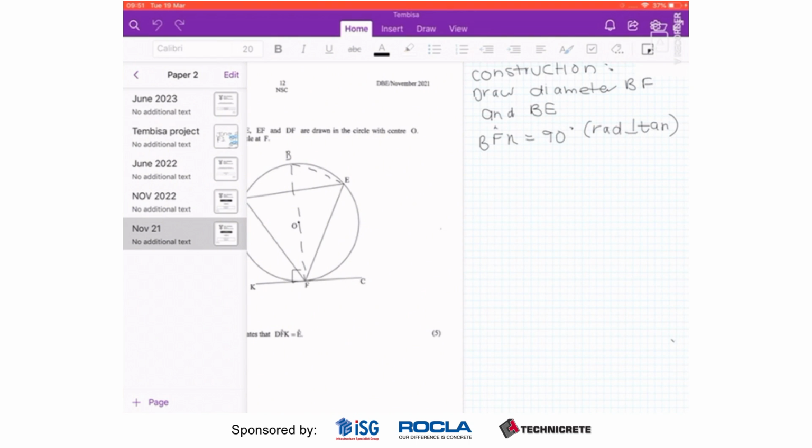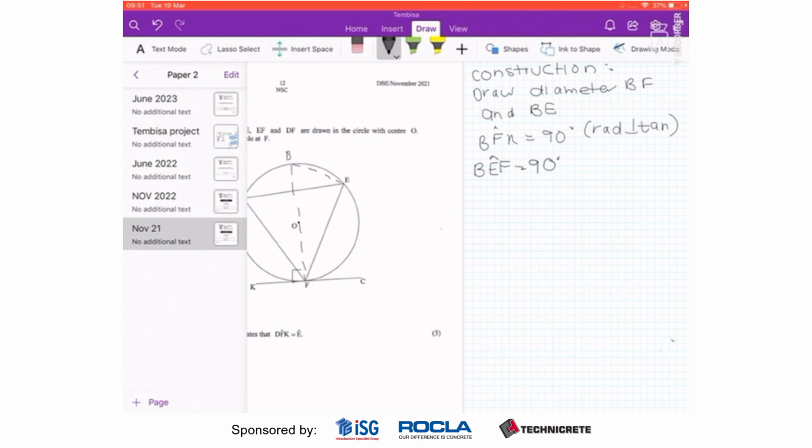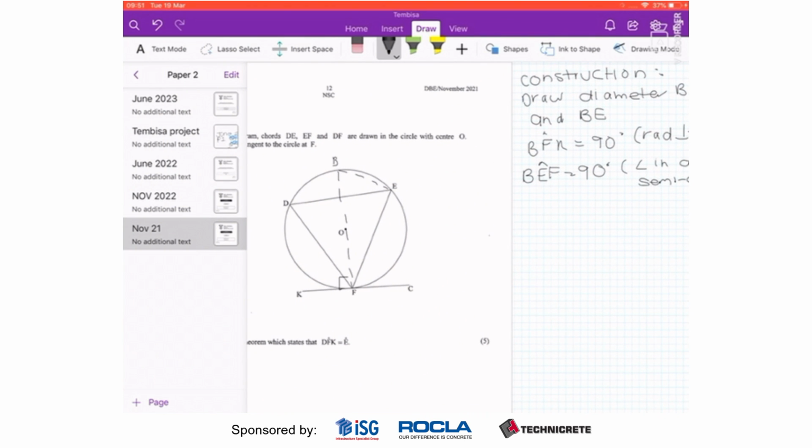Okay, so we can write it out. BEF is equal to 90 degrees. Reason: angle in a semicircle. Now that we have those two, we know that this is 90 and this is 90. That is the proof that we needed.